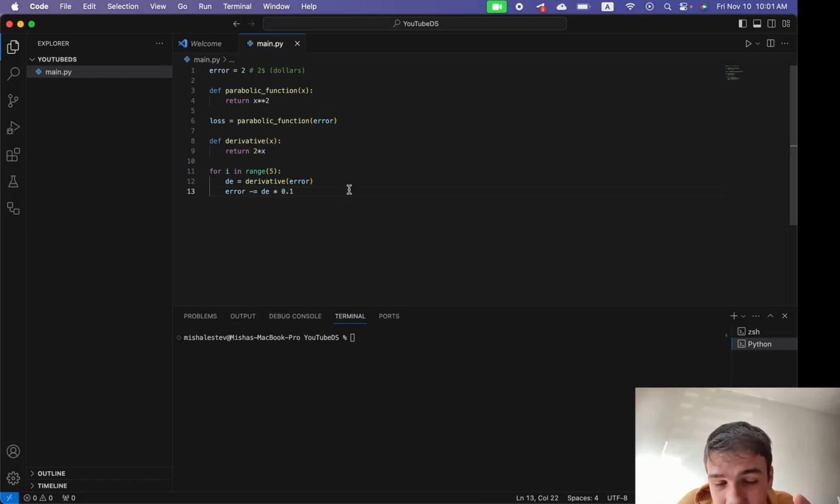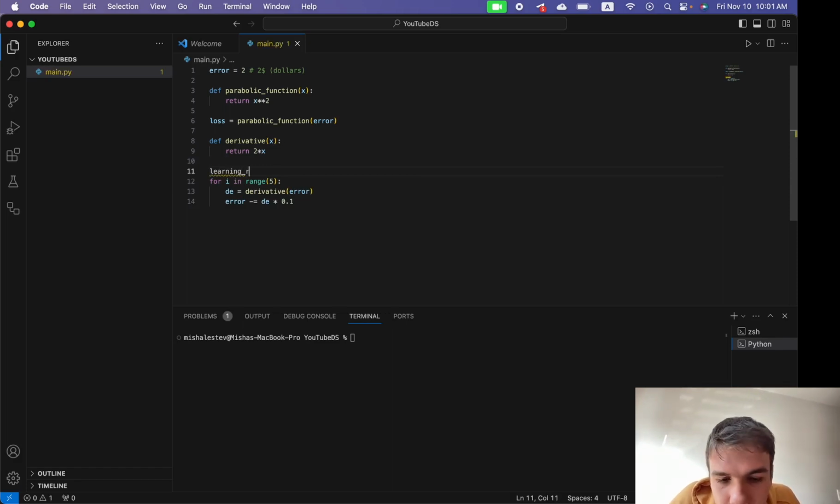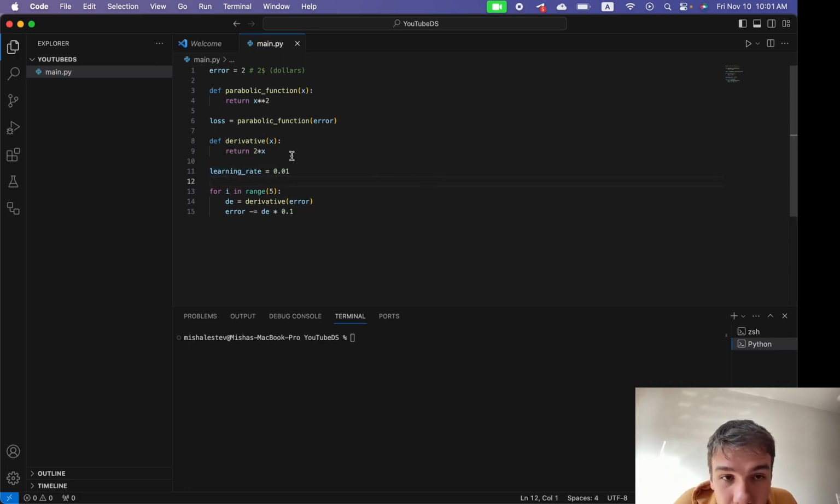This is the learning rate. Usually in practice we just call it lr, which represents the learning rate. Okay, lr is equal to 0.1, or whatever. You can change it depending on your problem, correspondingly.